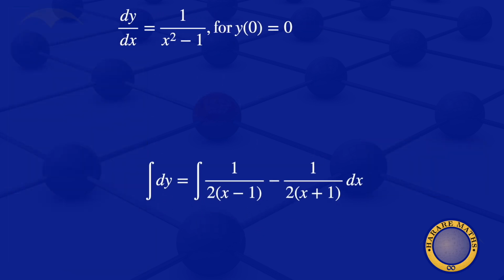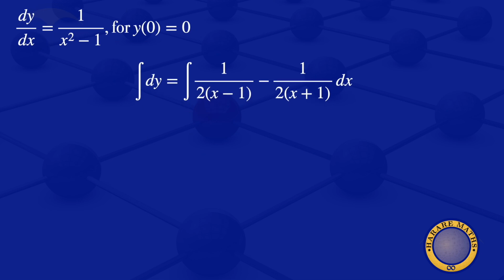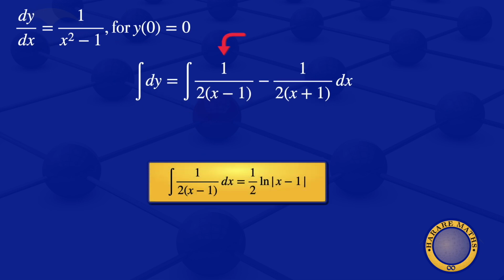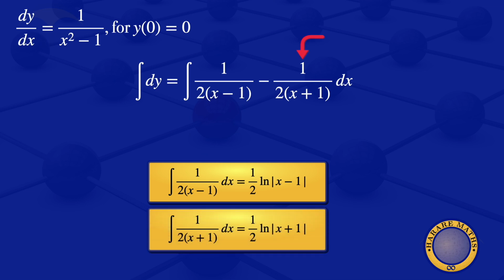Looking at this integral, the integral of 1 divided by 2 times x minus 1 with respect to x is a half multiplied by ln of the absolute value of x minus 1. Then the integral of 1 divided by 2 times x plus 1 with respect to x is a half multiplied by ln of the absolute value of x plus 1.